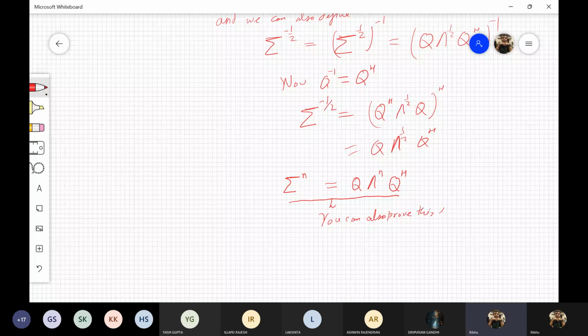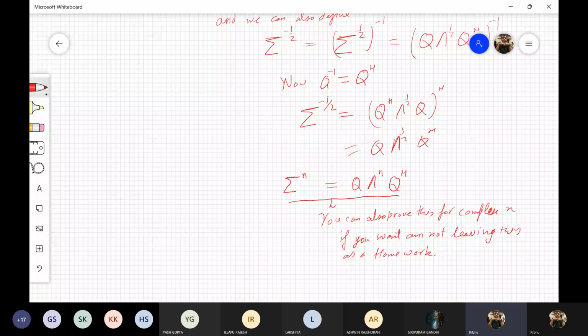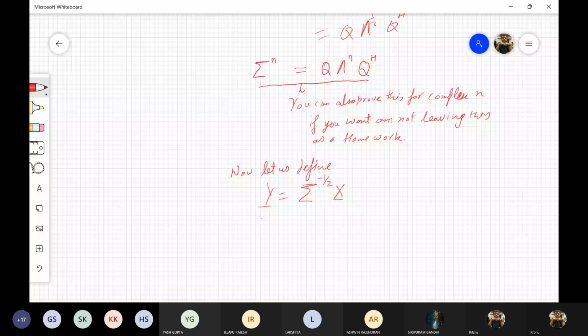So now let us define y equals sigma to the power minus half x. Then we also assume that the expectation of y equals sigma minus half mu.